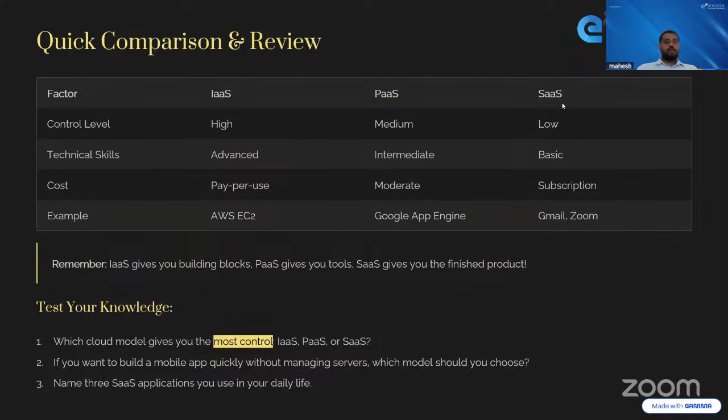So let us quickly check our knowledge of what you understood from here. Participants, quickly give the answers in the chat box for all three questions raised so far. Which model gives you the most control: IaaS, PaaS, or SaaS? If you want to build a mobile app quickly without managing the servers, which model should you choose? Name three SaaS applications you use in your day-to-day life.